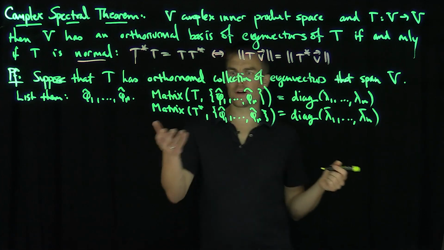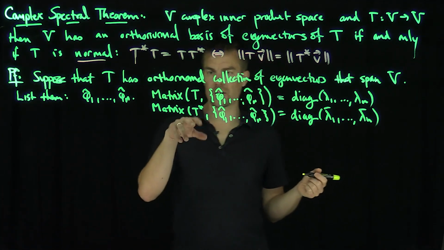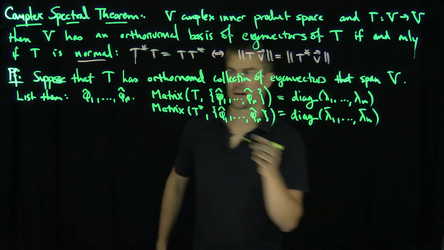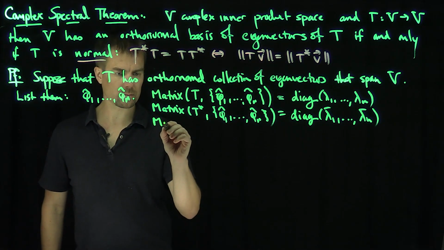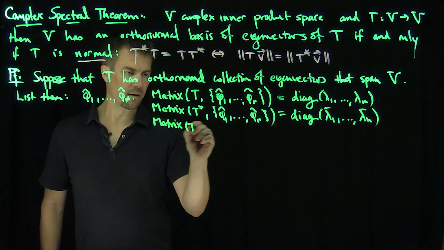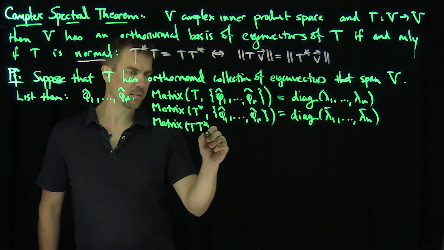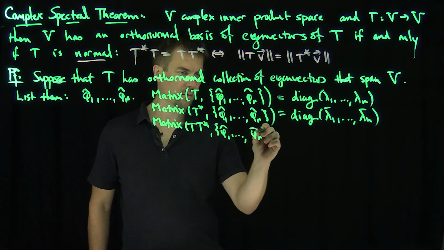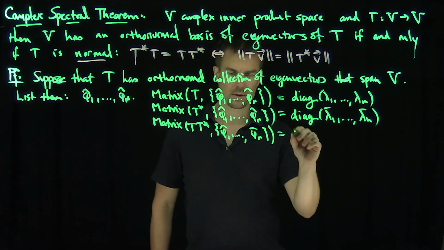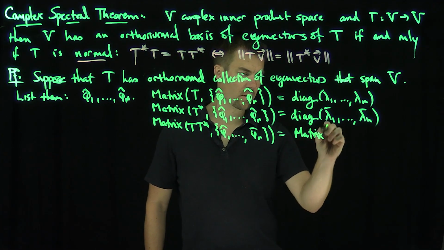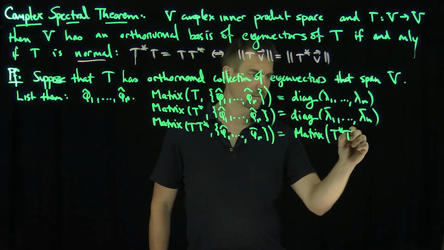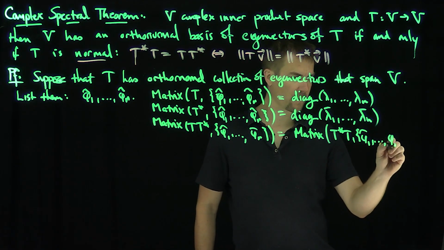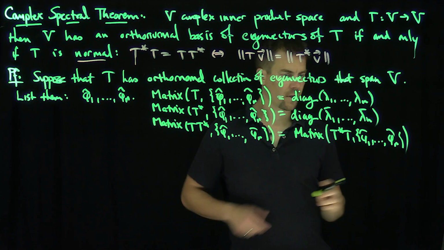And now, of course, if I multiply these two matrices, we see that the matrix representation of T star T and the matrix representation of T T star are equal to each other, right? And of course, what's it going to be?